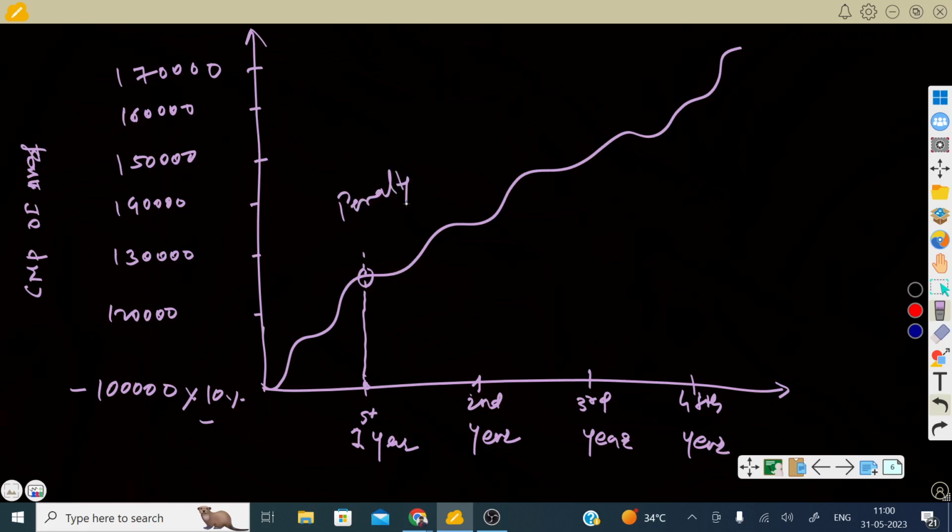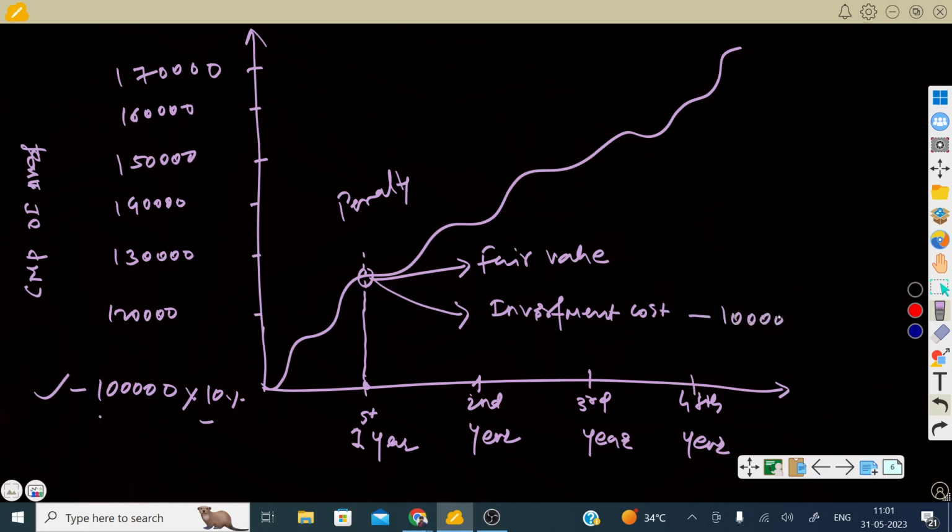But from an accounting perspective, you need to calculate the value of this investment first. Measure the fair value of the investment. Then check the investment cost. Investment cost means 10 into 10, so that becomes 10,000. 10,000 is the investment cost.